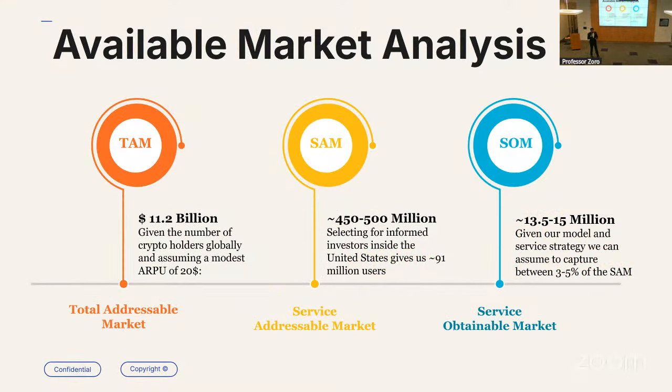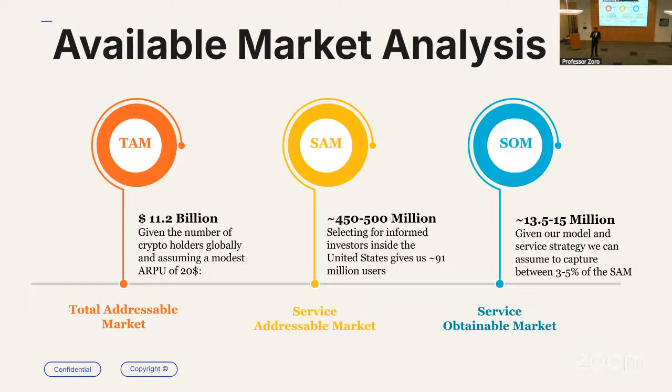Now, let's talk about a little bit of market analysis. This mainly comes back to this statistic from before, 7% of the world owns crypto. So the total available market over the entire world is huge.